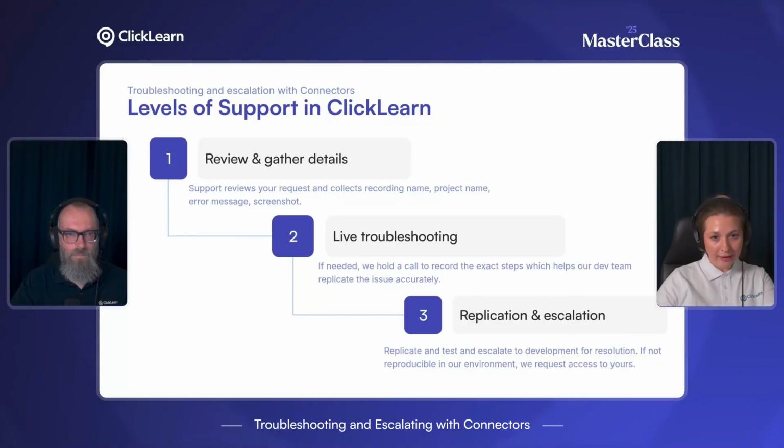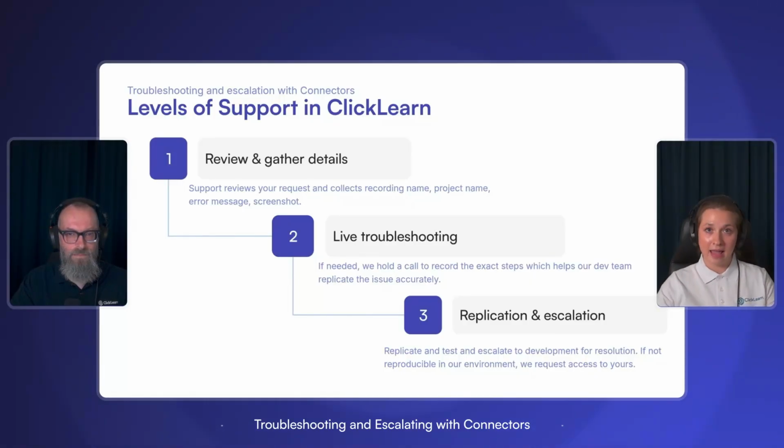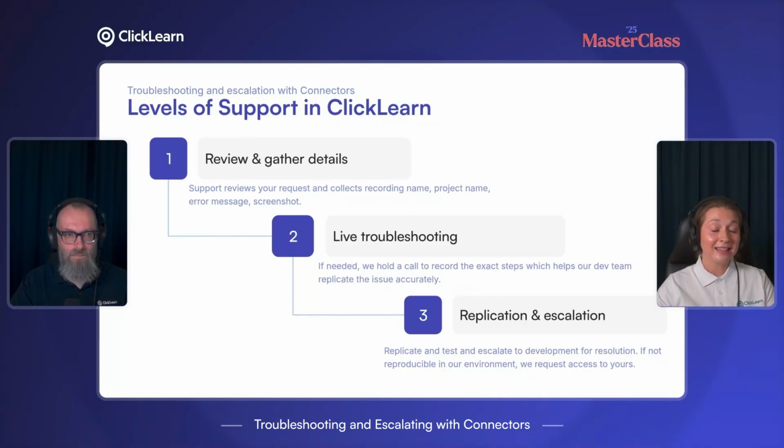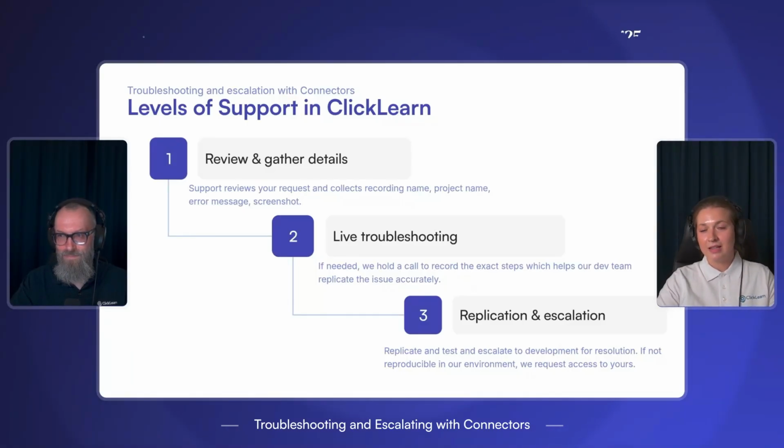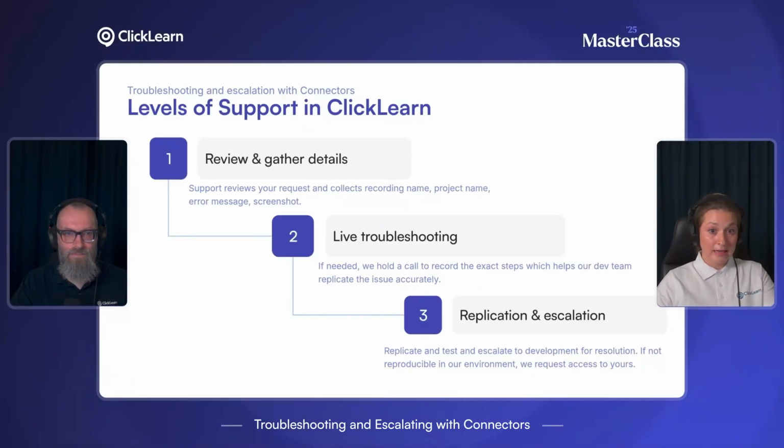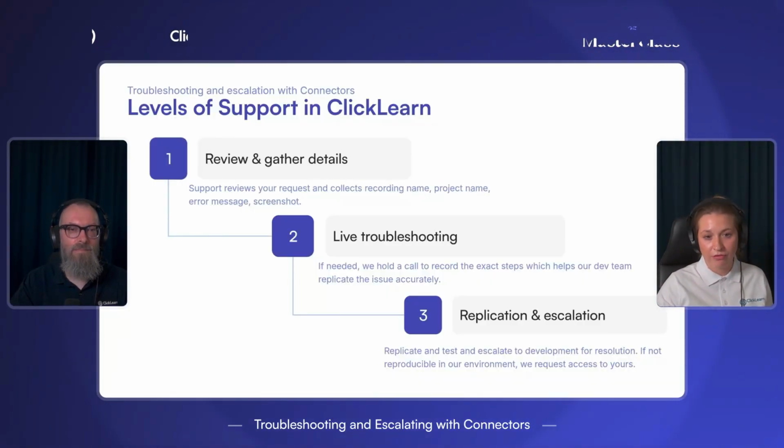Now I know you're all thinking about the next question in your head: how long does it take to fix a problem, and what are our resolution timelines? We all know how important your work is and how frustrating it can be when you're faced with a blocker that prevents you from completing your tasks.